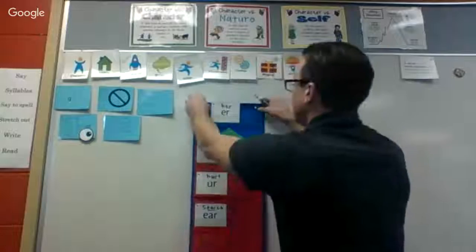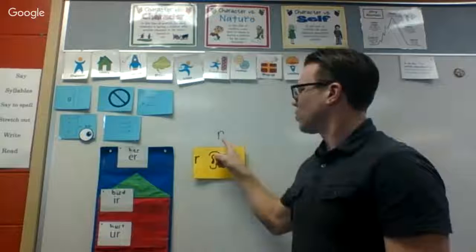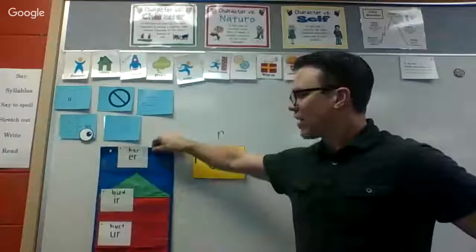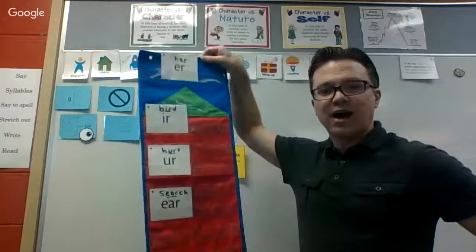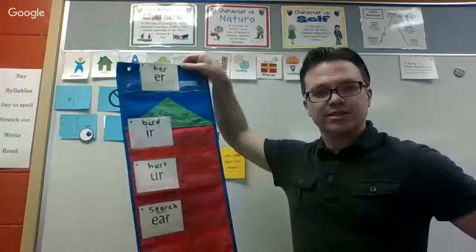Okay. Now, the next thing we're going to do is do some exploring of our sound. All right? So even as an adult, when I look at my plain R and I think the sound that phonogram makes, and then I look at these other vowel R controlled ones, I feel like it's the same sound. So think about it for a minute.